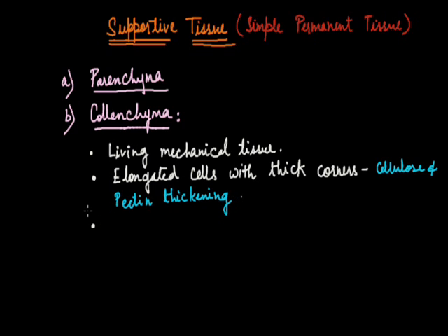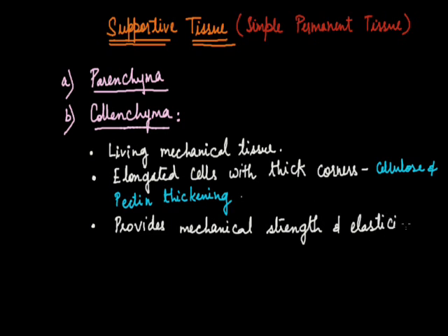If you talk about its function, its main function is to provide mechanical strength and elasticity to the growing stems. So, besides being a mechanical tissue which provides strength and support to plant parts, it also provides flexibility, which is essential for easy bending of the plant parts.